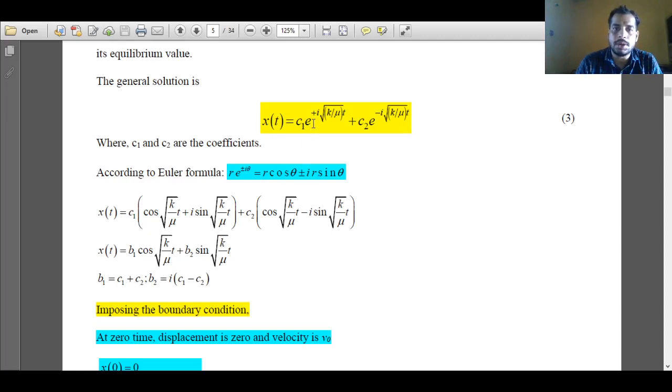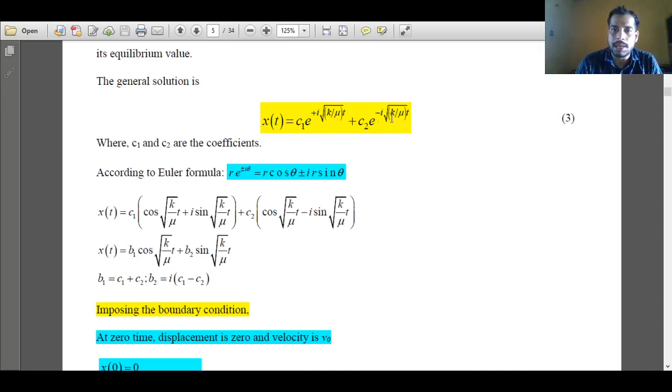For e to the power i root over k over mu t, I can write e to the power plus i theta, which can be written as cos theta plus i sin theta. Here my theta is root over k over mu into t. Now similarly for the second term of equation 3, C2 is a constant, it remains as such.